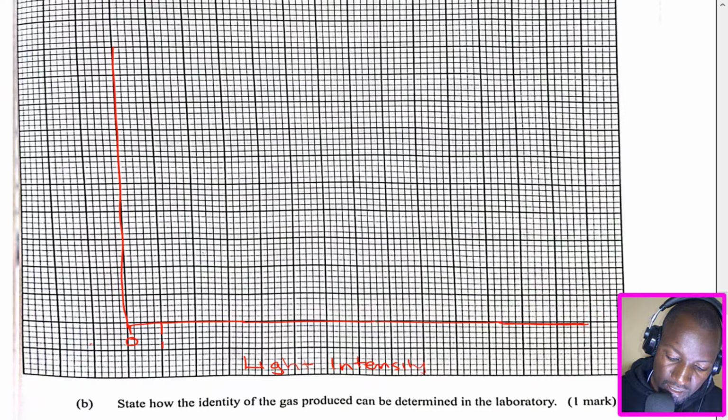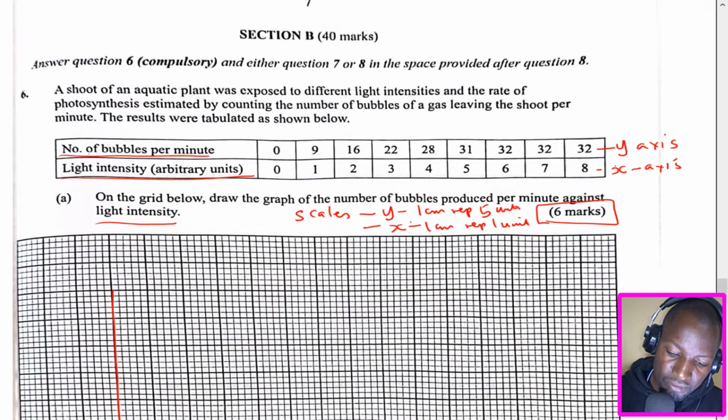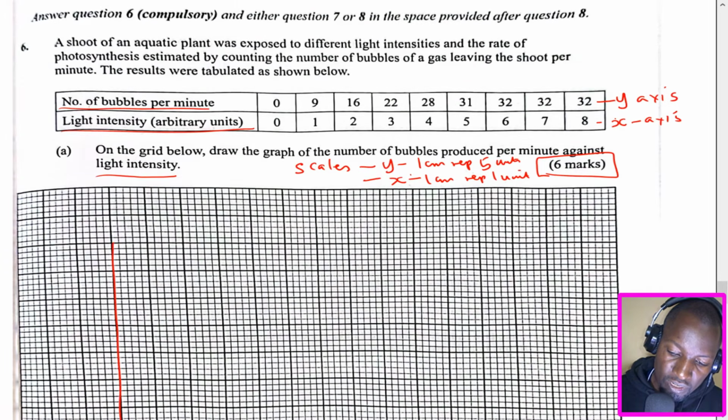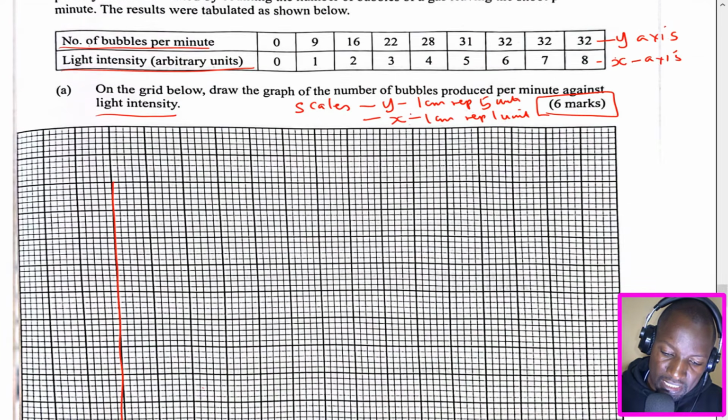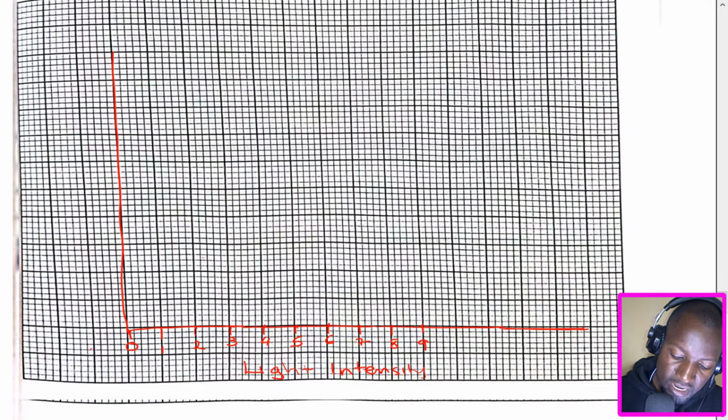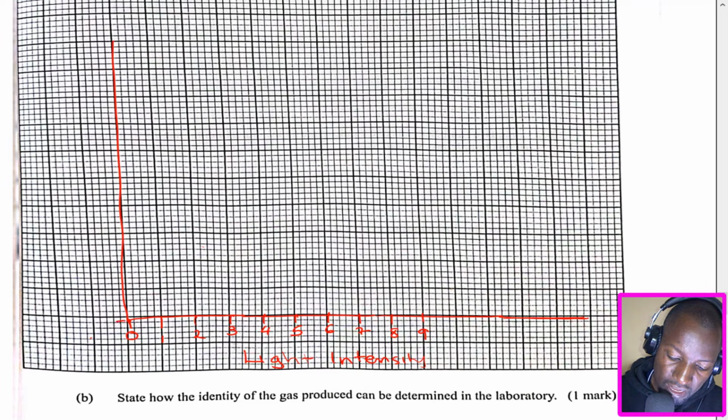Then 1, 2, 3, 4, 5, 6, 7, 8, and then 9. Remember, our values range from 0 to 8, so 9 is okay. Then on the y-axis, we shall also have another origin, another 0 here.